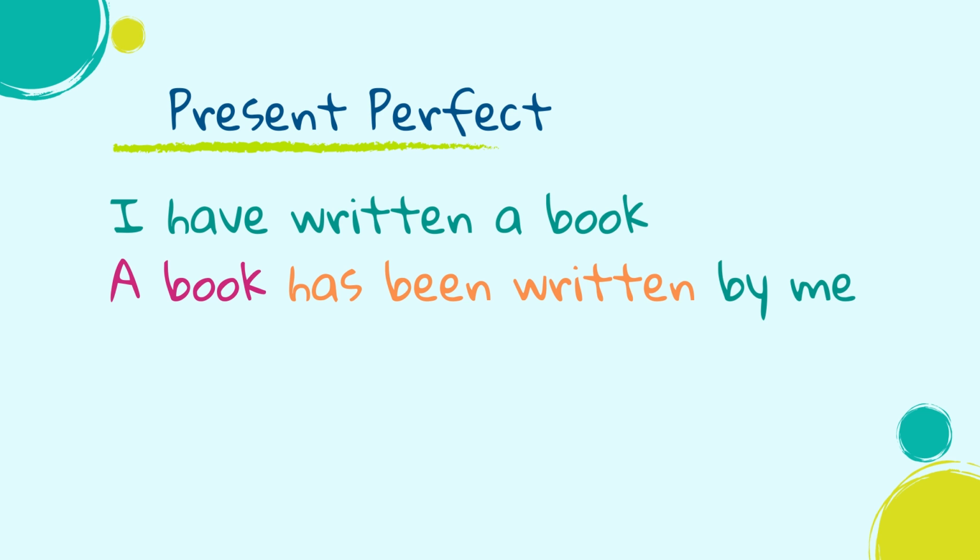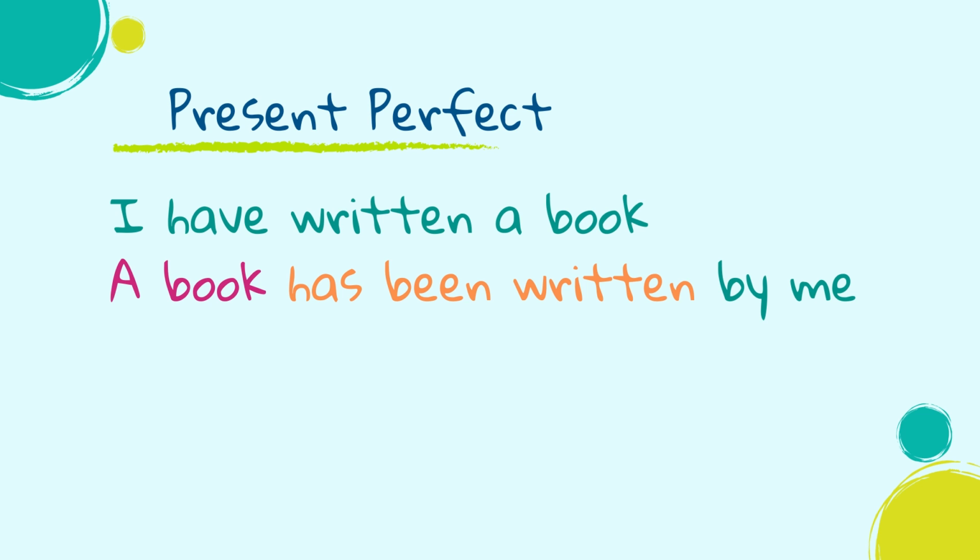Because the subject is a book, which is third party singular, so it becomes has. In the first sentence, it is have because the subject is I. While in the second sentence, the subject is a book, and that's why it is has. And then the combination of passive, that is be and verb 3. So here we have been and written.